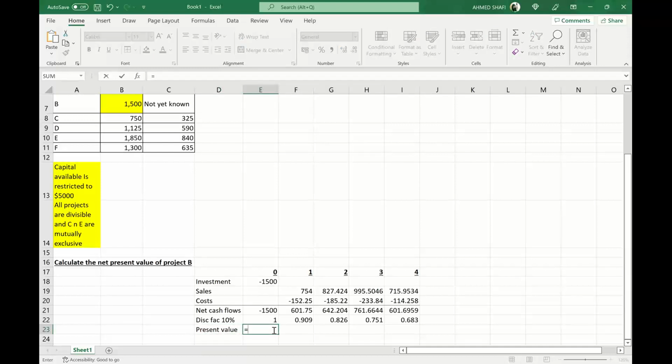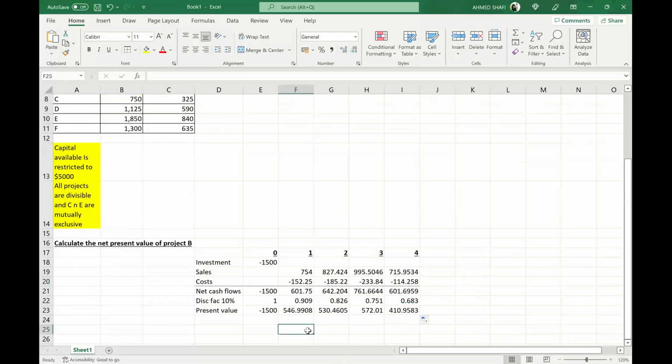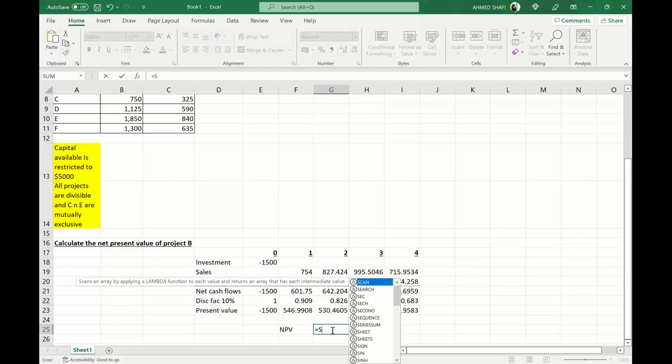So multiply them, 1500 into 1. And when you have the present values, you need to net them all to get the NPV. To net them all, we will sum all cells.